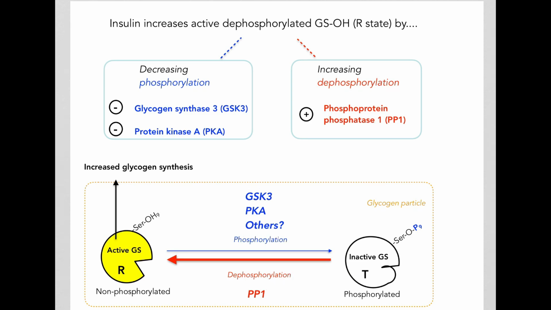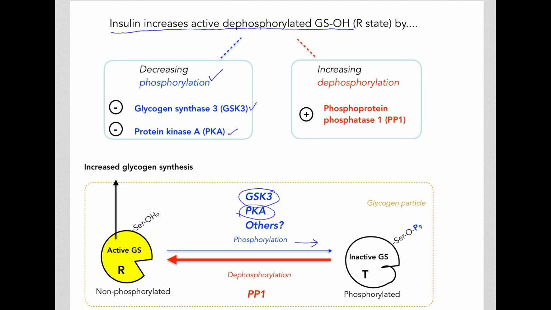So insulin can increase the active dephosphorylated glycogen synthase either by decreasing phosphorylation, decreasing this direction of the reaction, and that can be done by inhibiting GSK3 or inhibiting PKA.